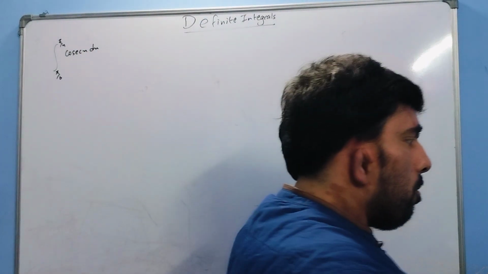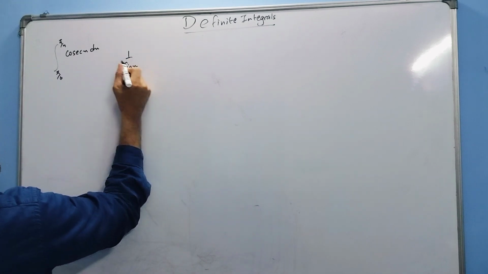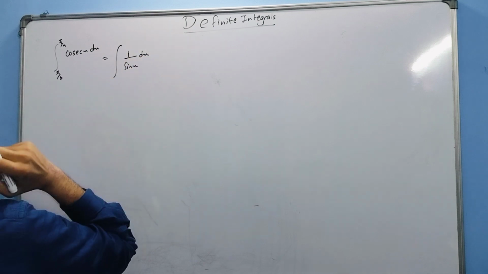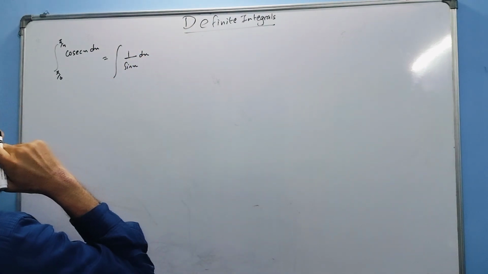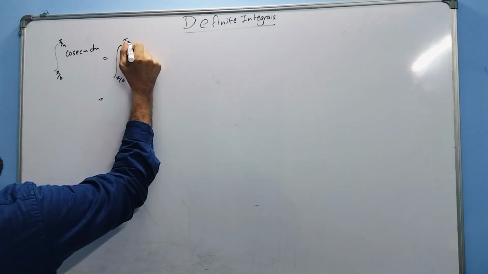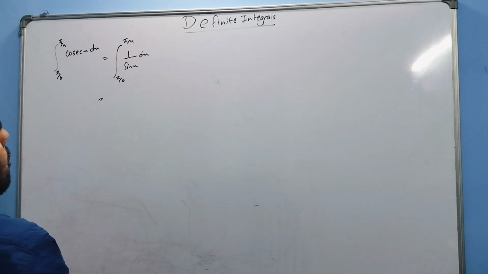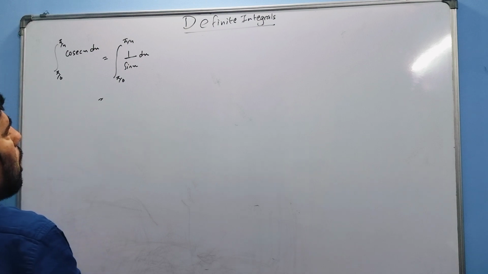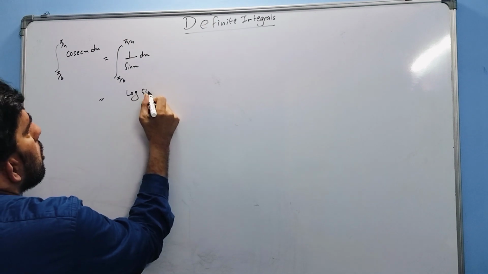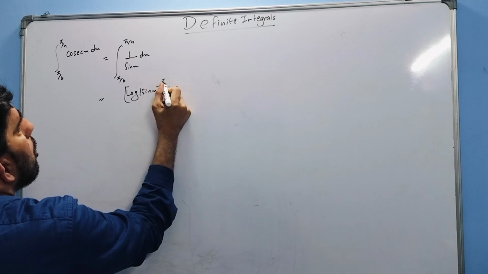Okay, so now what we can do here, write cosec x is equal to 1 upon sin x dx. Now we need to integrate it.